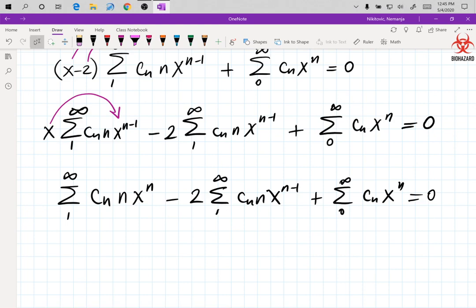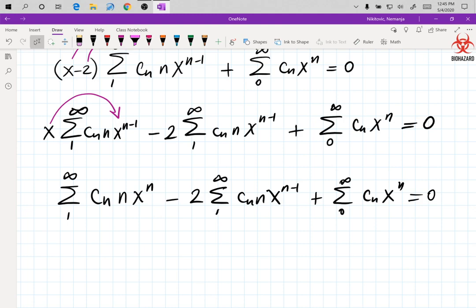All right. So the best practice here is to first, because you can't combine these until all of your powers are the same and all of your counters are the same, you start with fixing the counters, and there is one more trick up our sleeve which can help you greatly in this, and that is peeling off terms.